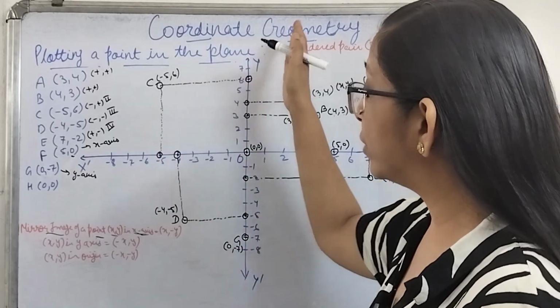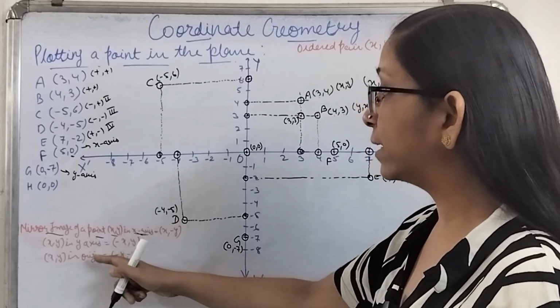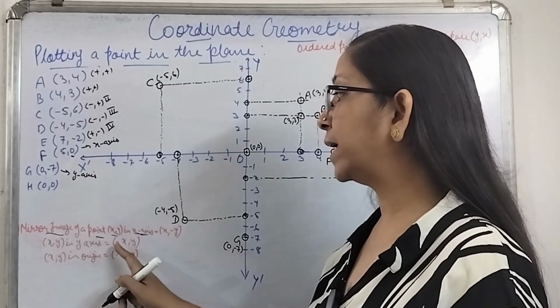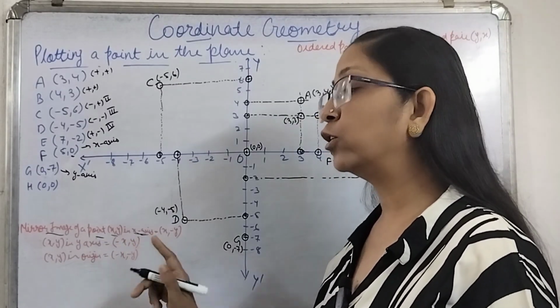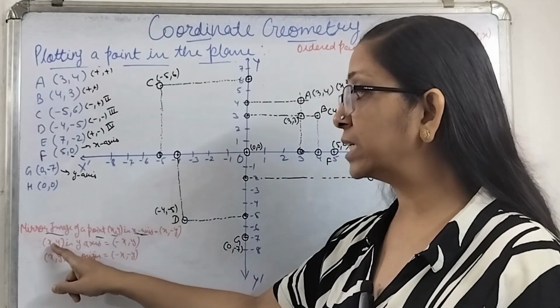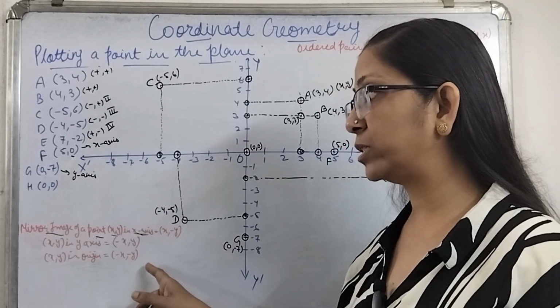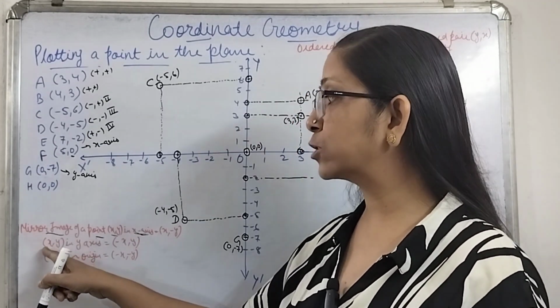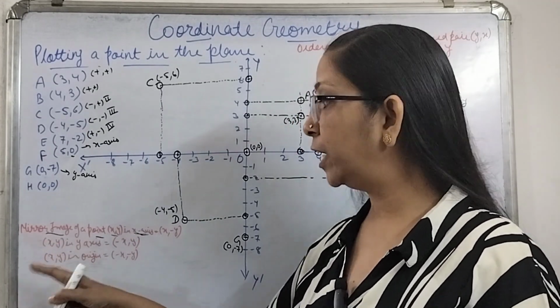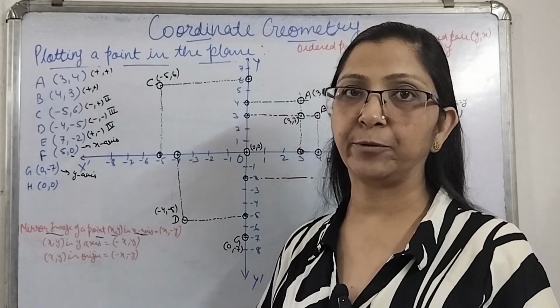That simply means if in the y axis we draw the mirror image of any point, then the sign of the x coordinate will change, but the sign of the y coordinate is not going to change. If the y coordinate is negative, it will remain negative. If it is positive, it will remain positive. But the x coordinate, if it is positive, will change to negative, and if it is negative, it will change to positive.